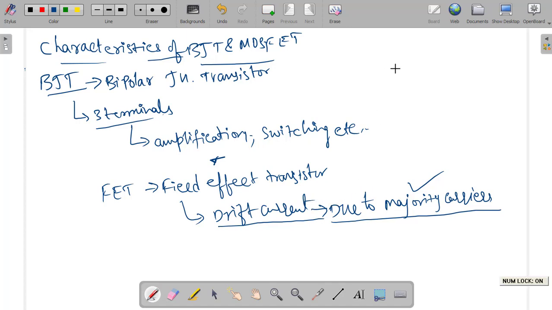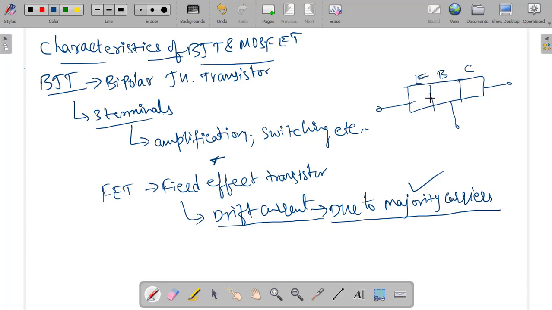How will be your BJT? BJT has three terminals. I hope you know what is BJT. There will be emitter, base and collector. This is your BJT, this is collector, this is emitter and this is base.